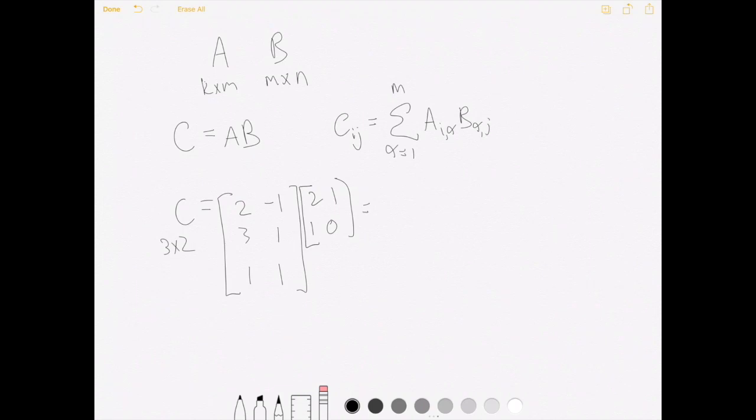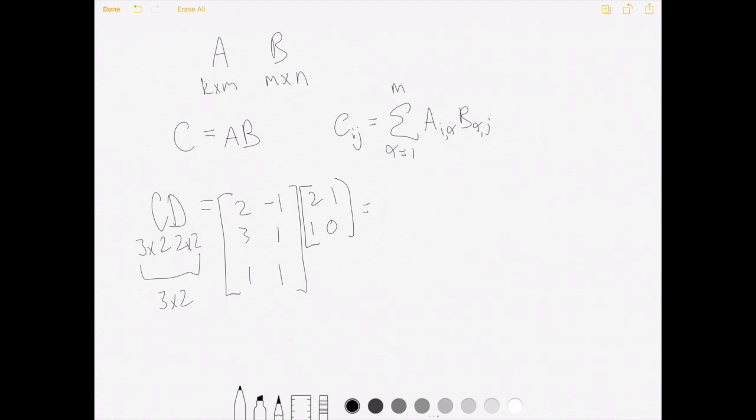So we've got C times D, right? There, the number of columns of C, which is 2, right? So that's 3 by 2. That's 2 by 2. So we're going to end up with a 3 by 2 matrix as the product.